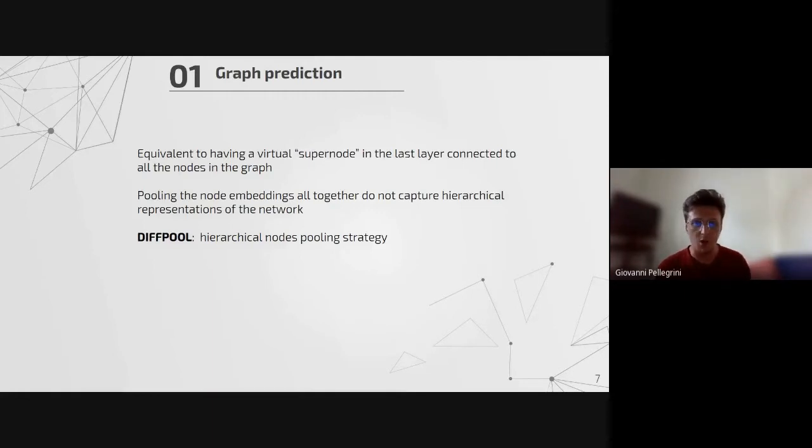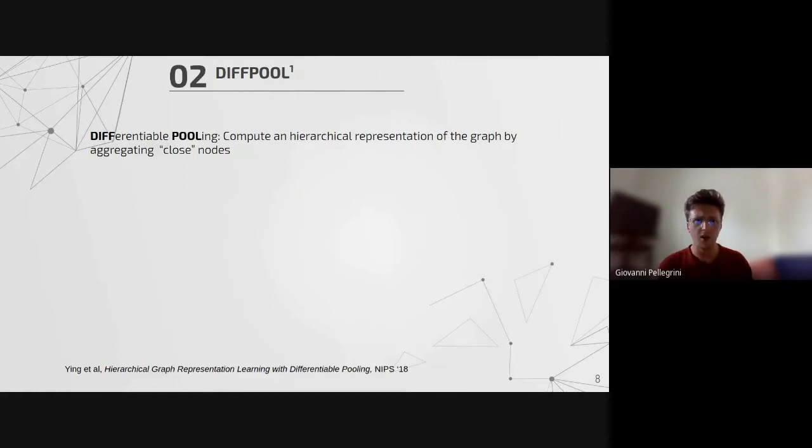To mitigate this problem, a group of researchers introduced DiffPool, which uses a hierarchical pooling strategy in order to obtain the embedding for the entire graph. DiffPool comes from differentiable pooling, and it was initially presented in the paper Hierarchical Graph Representation with Differentiable Pooling, presented at NIPS.